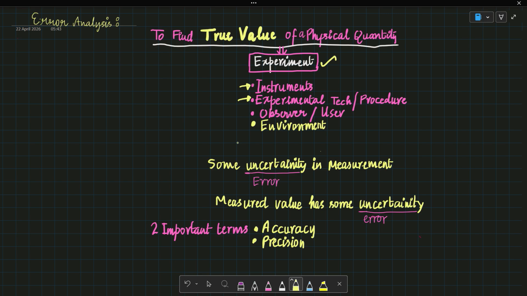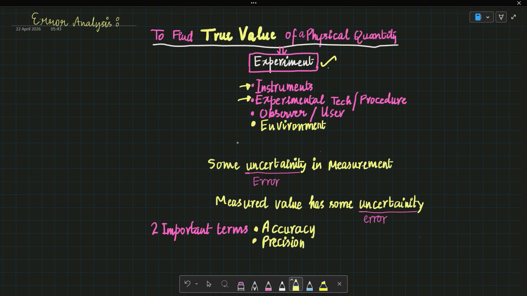So we are saying that to find the true value of any physical quantity, we have to always perform an experiment, and all experiments will constitute these basic factors. Any experiment needs to have an instrument, an experimental procedure or technique, an observer, and the environment.